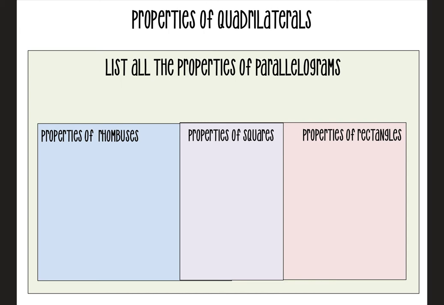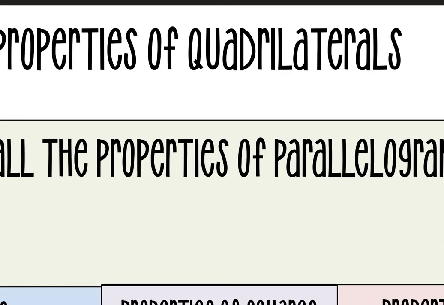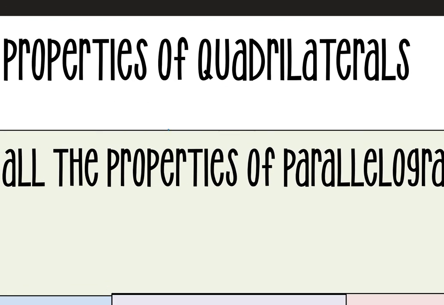So, properties of quadrilaterals start on the outermost ring, okay? What's the definition of a quadrilateral? Four sides. And then what's the one other thing we know about quadrilaterals? So this is just a quadrilateral, any shape with four sides.